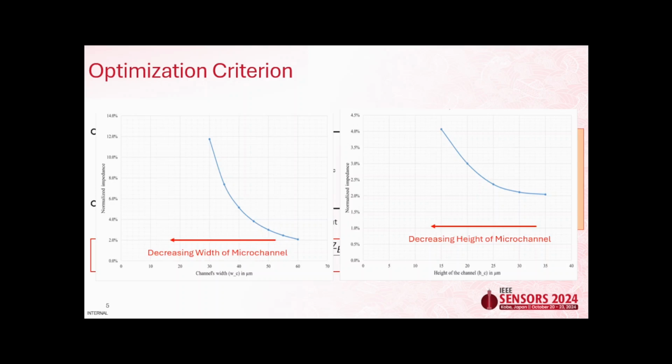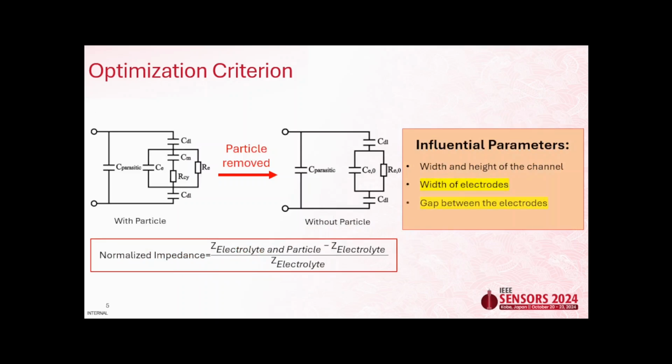But since I wanted my system to be universal and to detect different ranges of particles, this was not my stopping point to find the optimal value. So I continued the study with the width of the electrode and the gap between my electrodes. And later in the next steps of the project, I will do the optimization for the conductivity of the electrolyte.